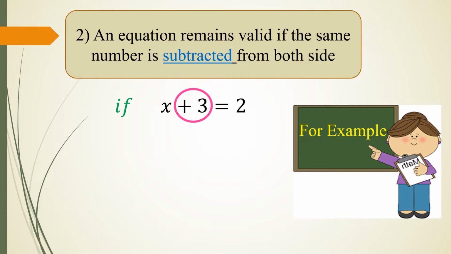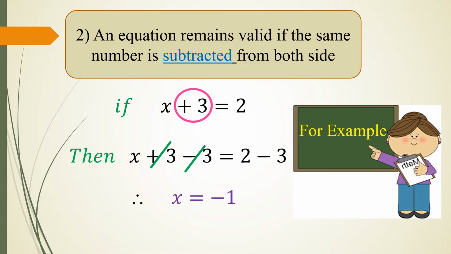Then x plus 3 minus 3 equals 2 minus 3. Now, I will cancel +3 and -3 on the left hand side. So x in the left hand side, equals 2 minus 3 equals -1. So x equals -1.